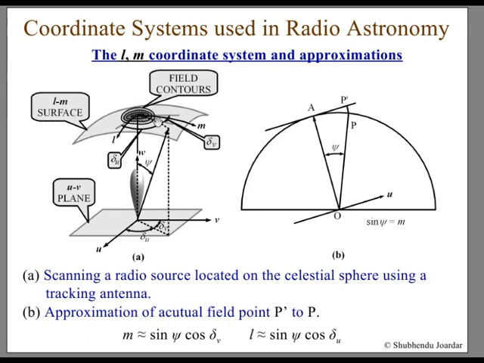Your astronomical object is somewhere here. If you expand the astronomical object, you can see that the intensity distribution will form these contours. On the other hand, you are on Earth at some plane. Your antenna beam shape is like this, which is looking at the central point of this one.